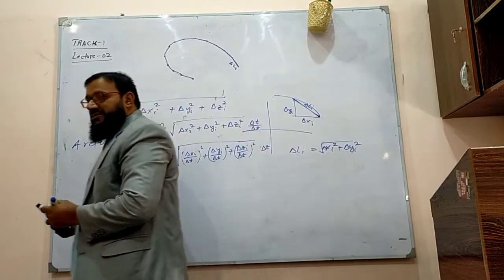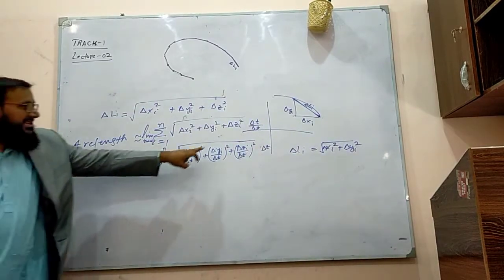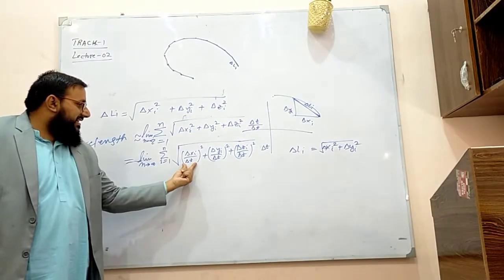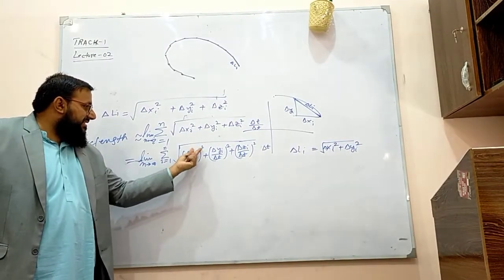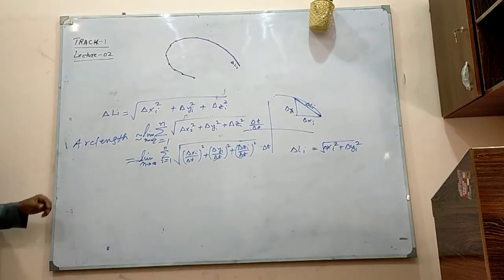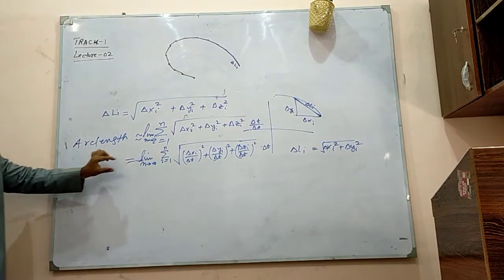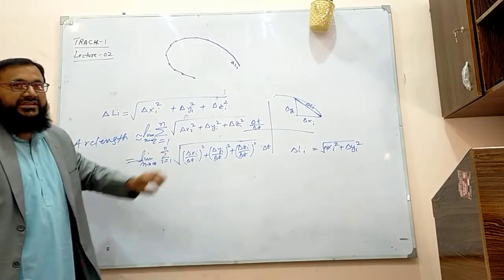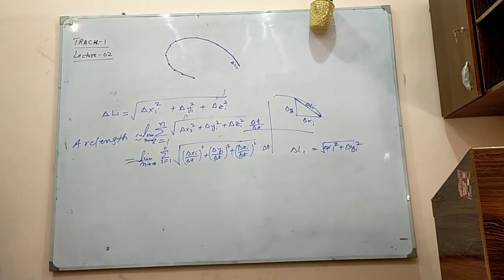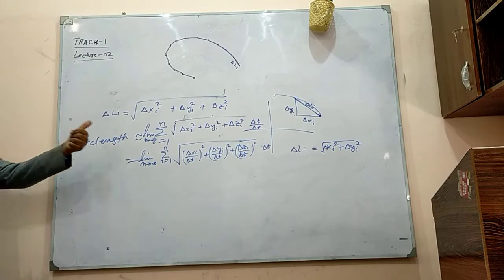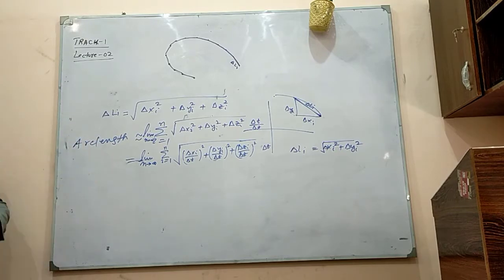Is it okay up to here? Yes. Because when I take this delta t inside this square root, this becomes a square, and this becomes delta t square. Why have we made this change? Because when you apply limits, this particular thing is converted into derivatives. From delta xi over delta t, this becomes dx over dt, dy over dt, dz over dt.